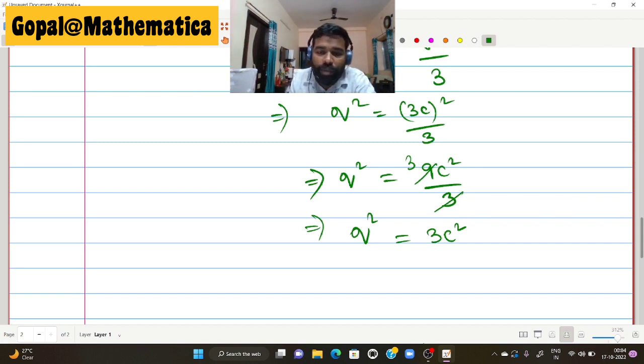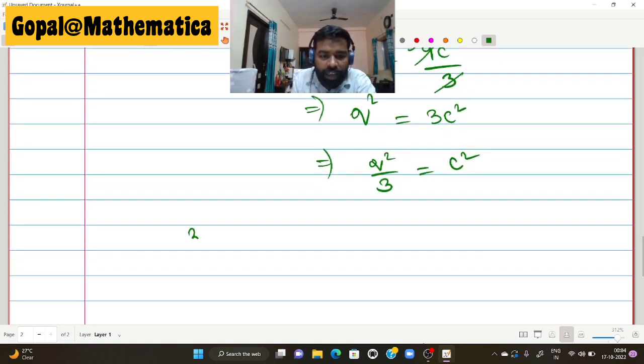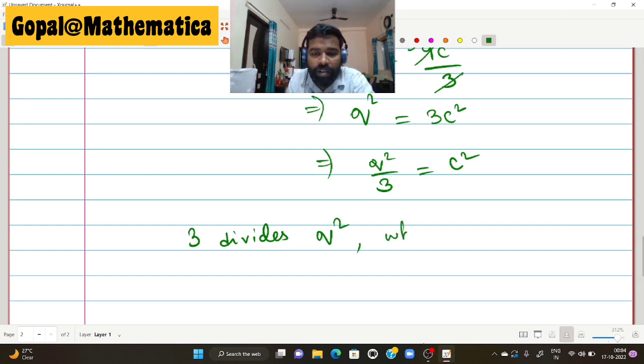Now do one more thing. Drop this 3 to the left hand side, that is q square by 3. Now you again notice that 3 divides q square, which means that this 3 is also dividing q.